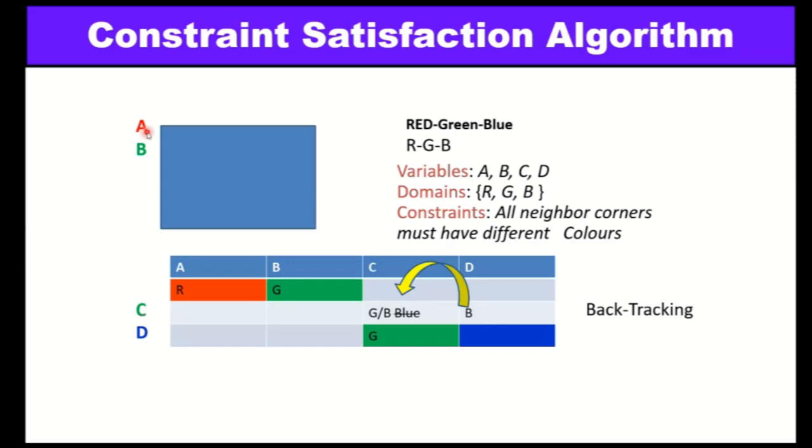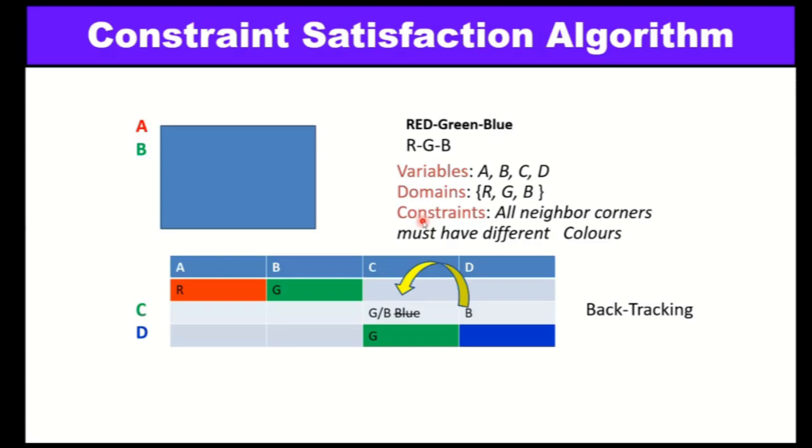So we have A, B, C, D, four nodes. Now we are going to apply RGB to this. Now the constraint, that is the condition: all neighbors of corners must have different colors. There should not be a similar color.